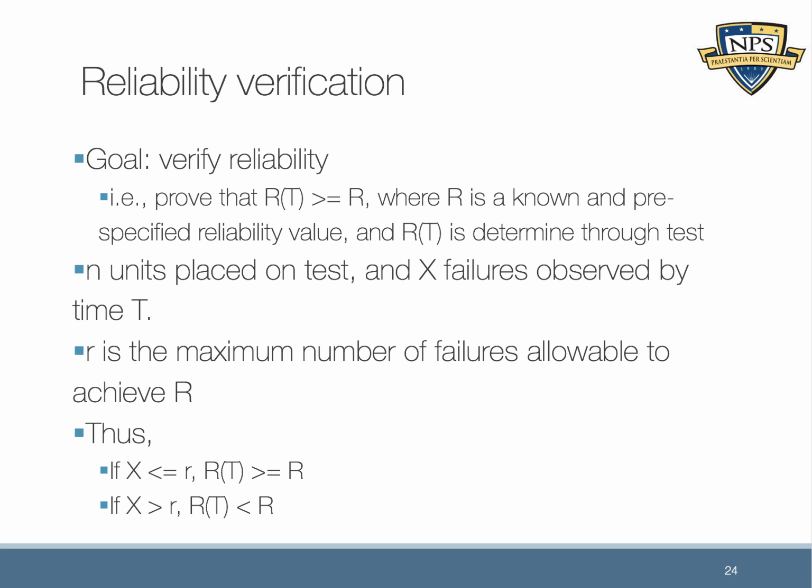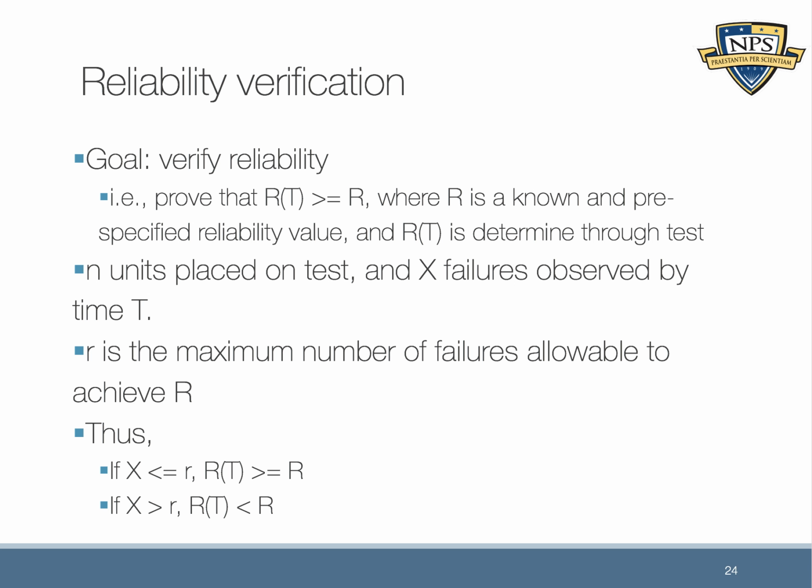So r is the number of allowable failures that can occur, and this is based on a kind of backwards calculation to say, given the reliability and given the number of tests that we're going to sample, how many failures could we see? Okay, so we can determine that as well. At the end of the day, what we're really trying to do with this reliability verification, another way to think about this, is the variable x, the number of observed failures.